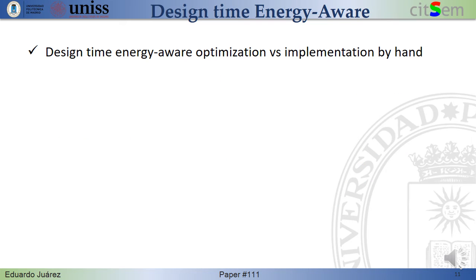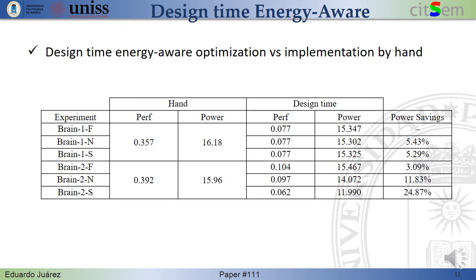In this experiment, the implementation obtained using the design time energy-aware optimization loop is compared with a system implemented totally by hand. The measured performance and power values are shown in the table for each combination of hyperspectral images, brain 1 and brain 2, and working modes, fast, normal, and slow.